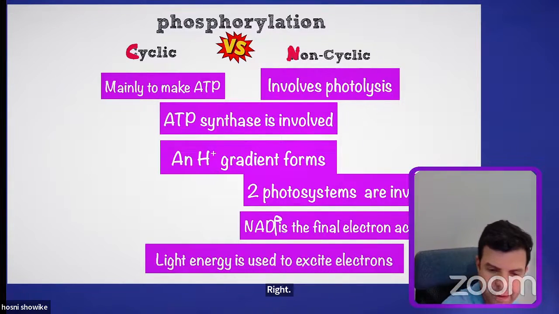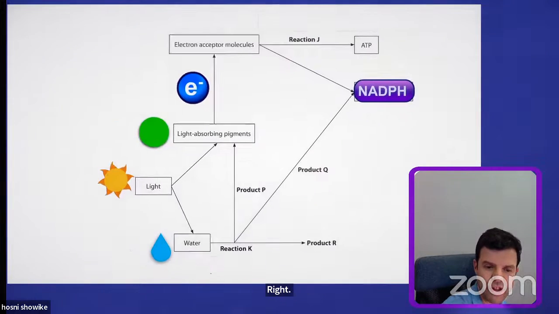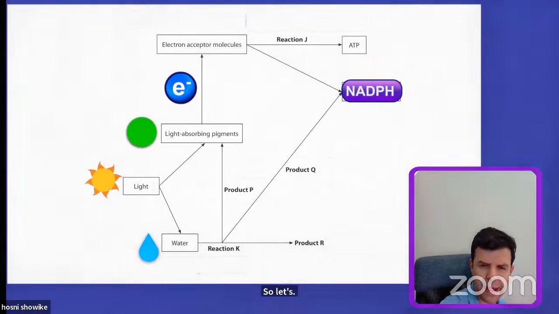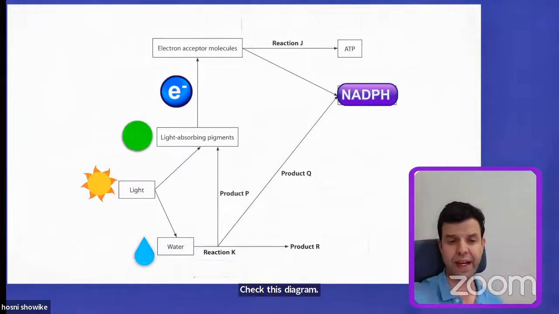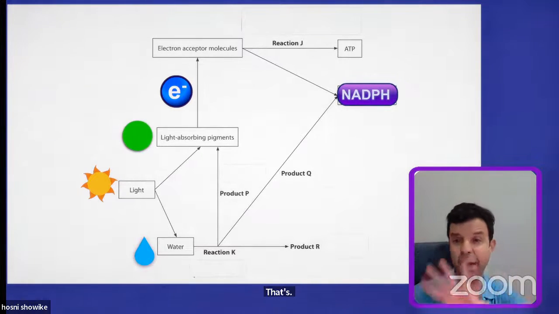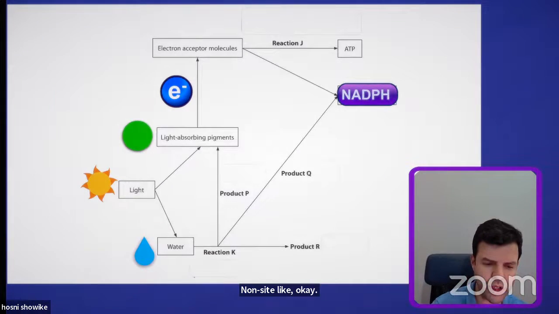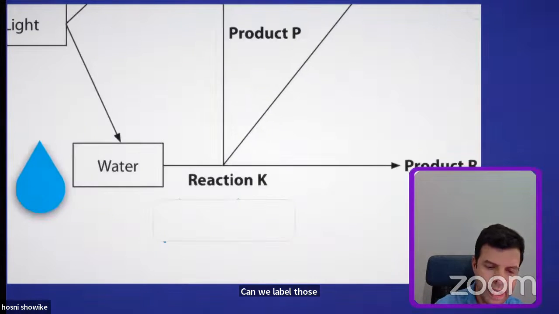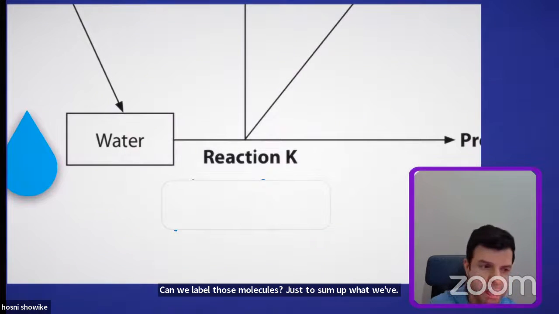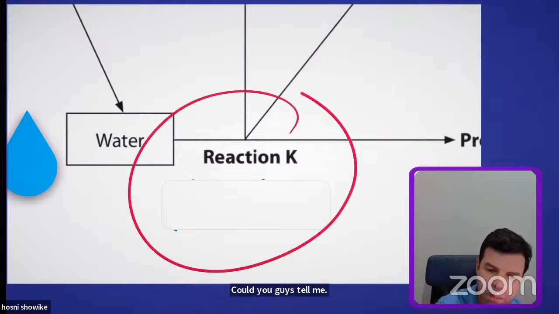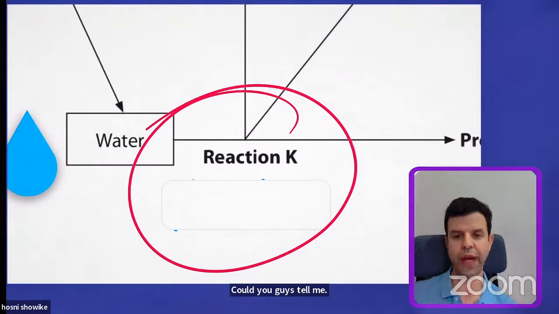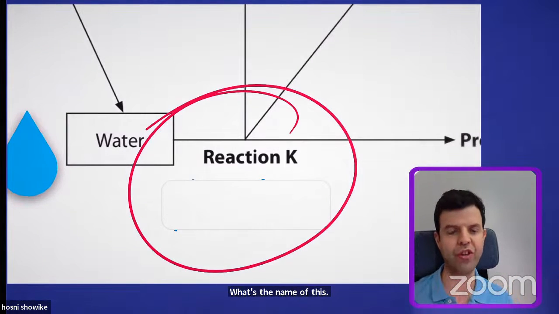So let's check this diagram. That's non-cyclic, okay? Can we label those molecules just to sum up what we've done? Could you tell me what's the name of this reaction? What do we call reaction K?